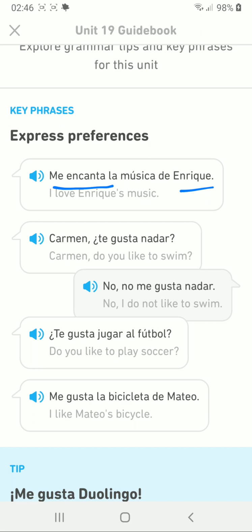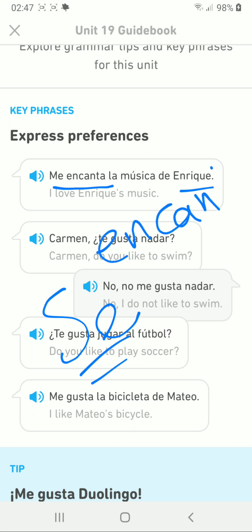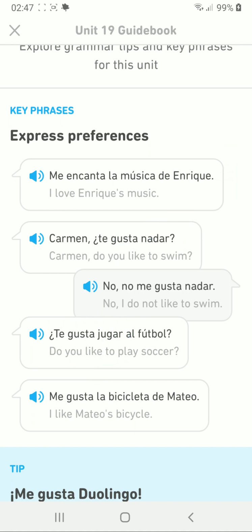Me encanta, encantar. It's also with this se, like a reflexive verb. So that's why you have this auxiliary thing. So, me encanta la música de Enrique.